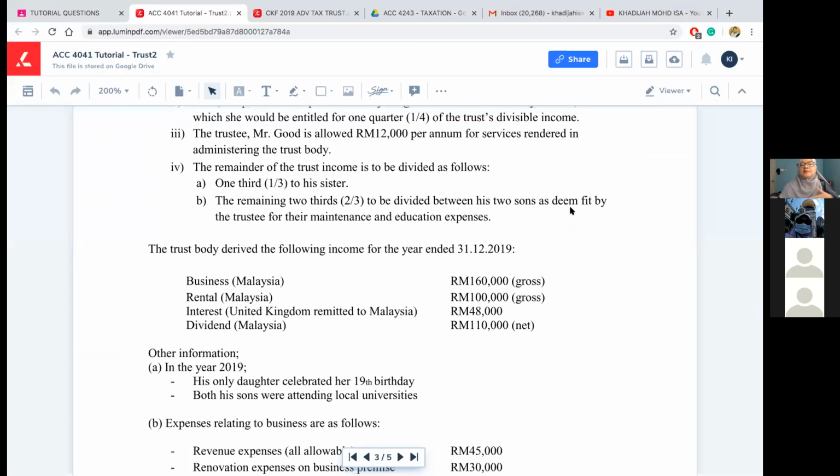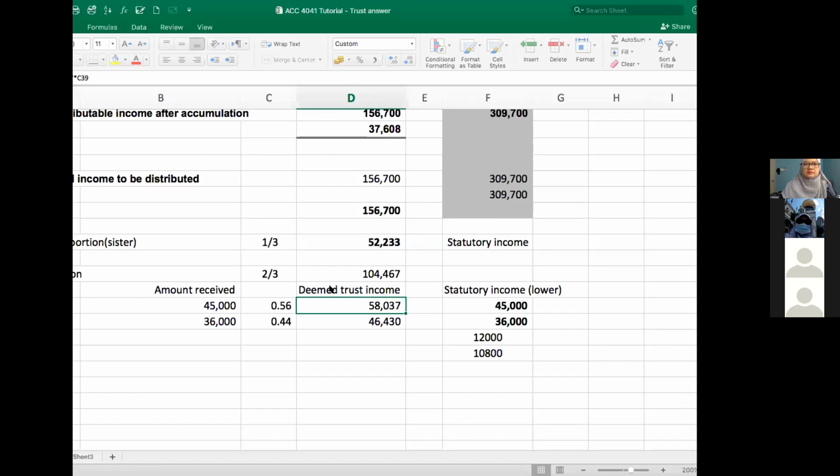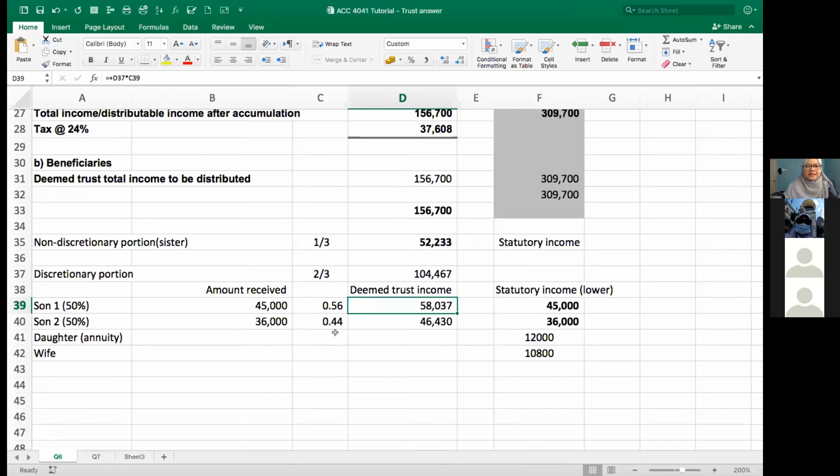So bila deemed fee ni, then you have to decide lah how the trustee has divided the amount, right? So now kalau tengok balik, new share, okay. So the basis would be based on this 45 and 36,000 lah.